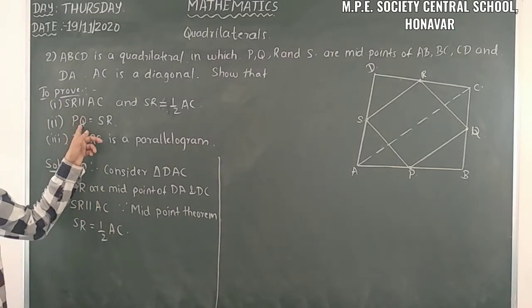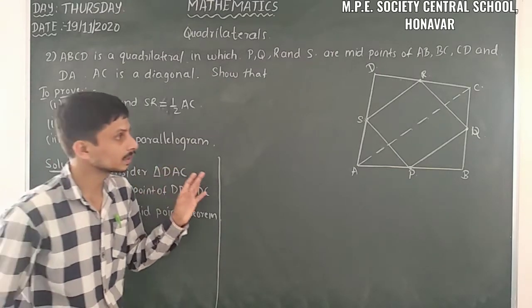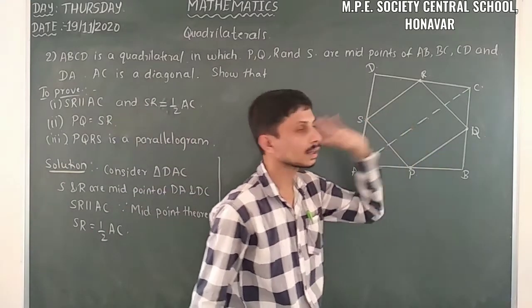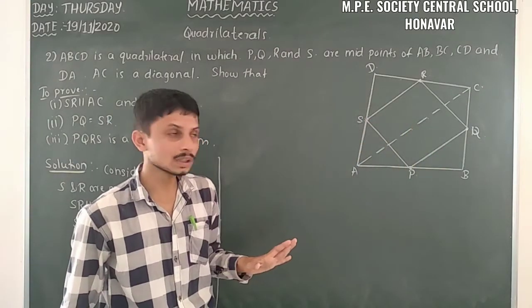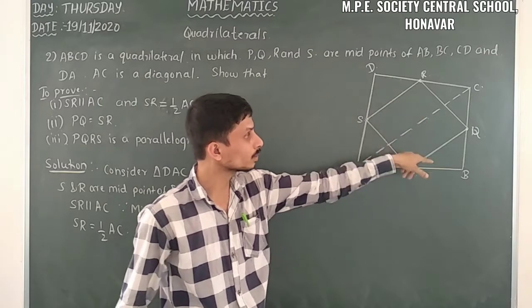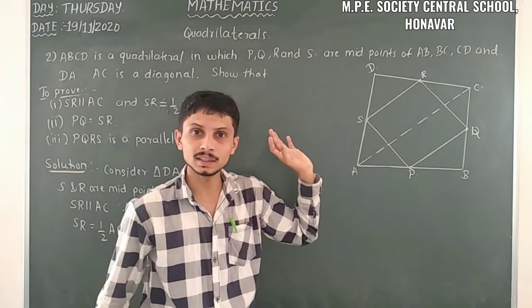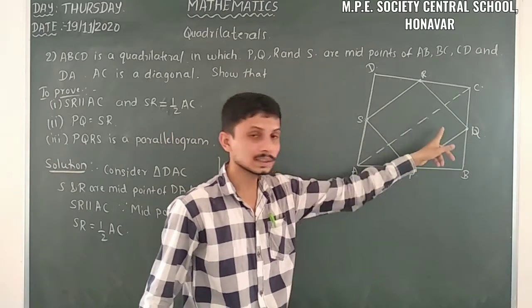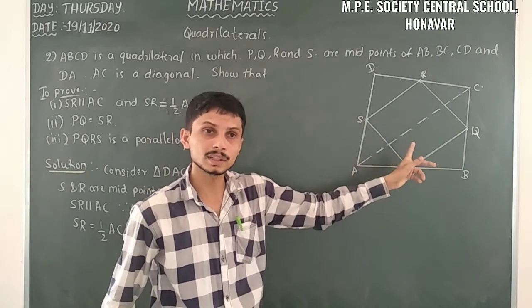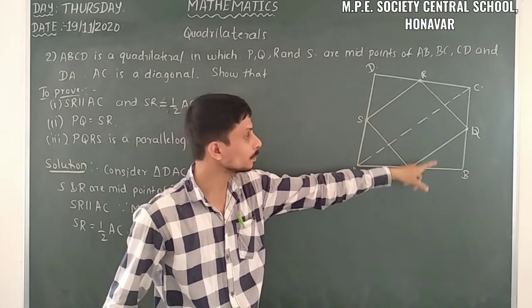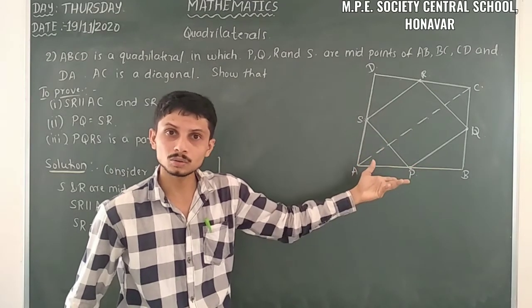Next, we have to prove PQ is equal to SR. Just observe here, AC is common for both these triangles. PQ is parallel to AC and PQ is half of AC, SR is also half of AC, so those two are equal.